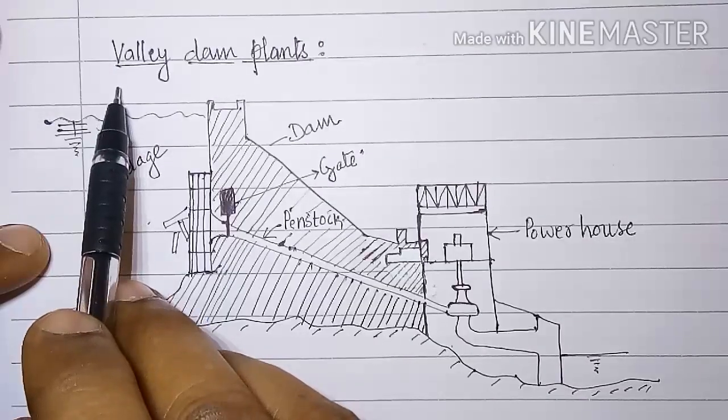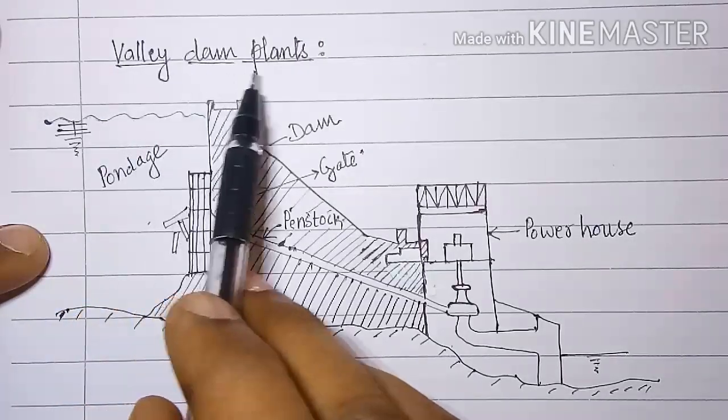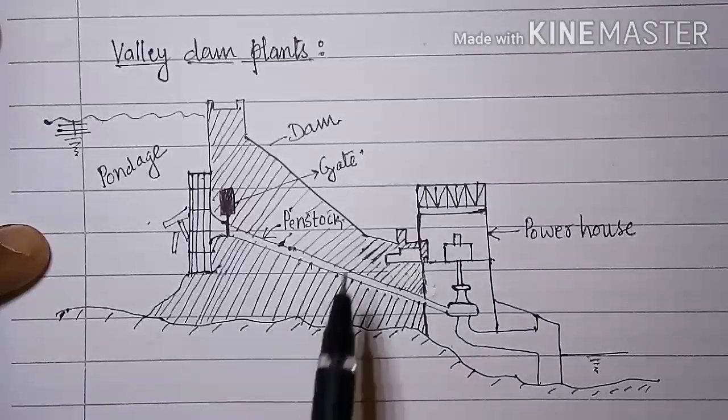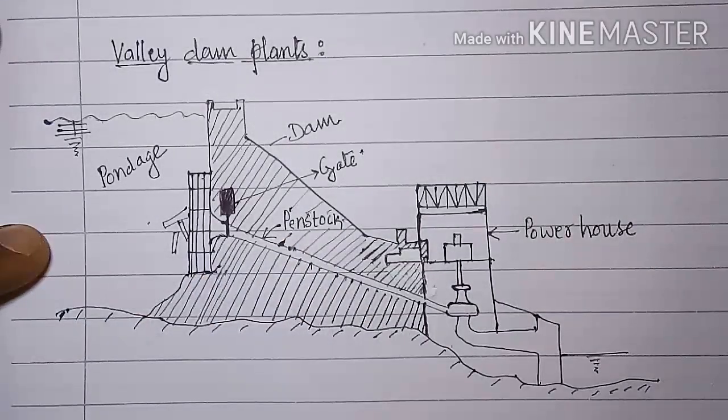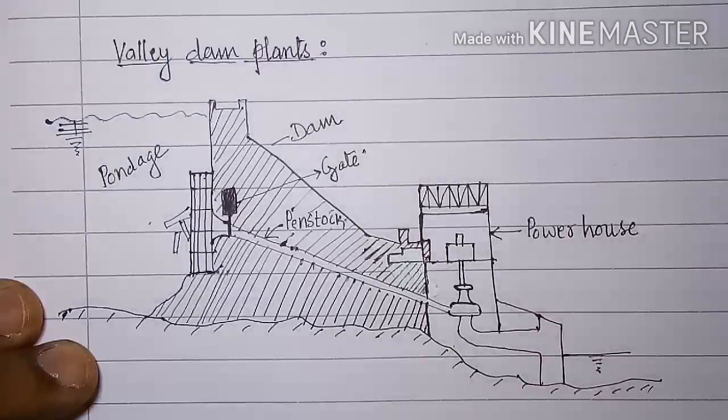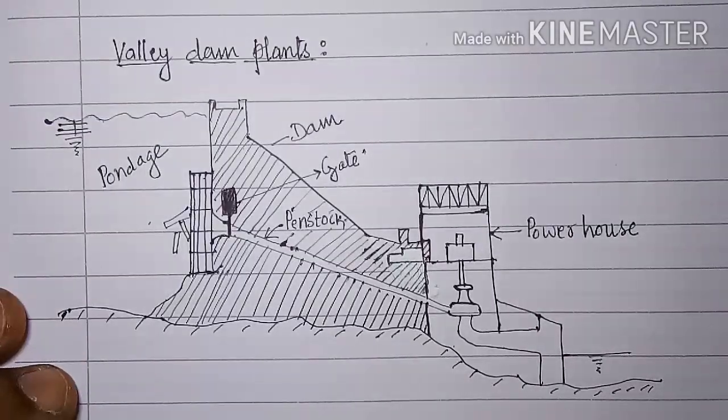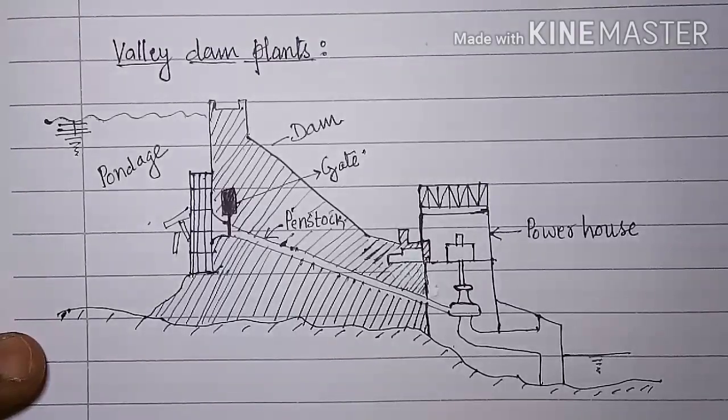As the name implies, in valley dam plants, such dams are constructed across the river which flows in the valley.